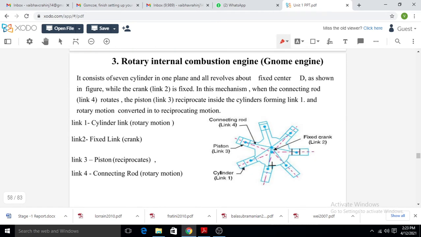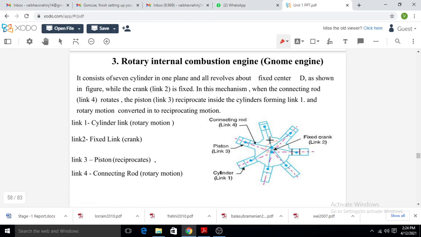The next example is a rotary internal combustion engine, or GNOME engine. Okay, so here it consists of 7 cylinders in one plane, and all revolve around the fixed center D. Suppose we consider this as the fixed center D, then in this example 7 cylinders are present.